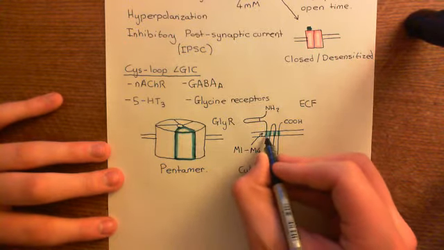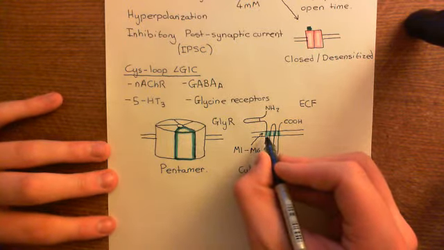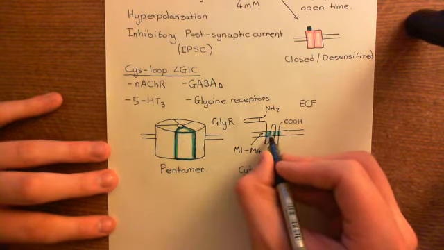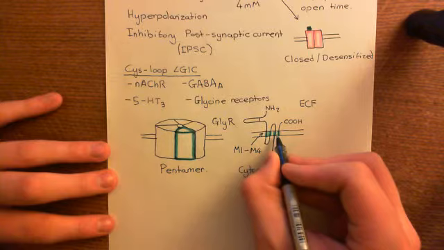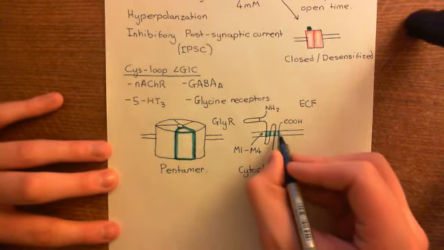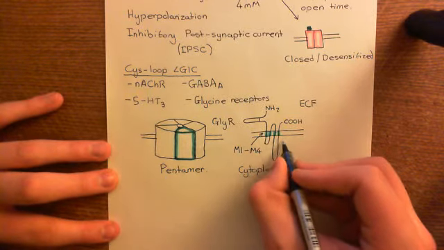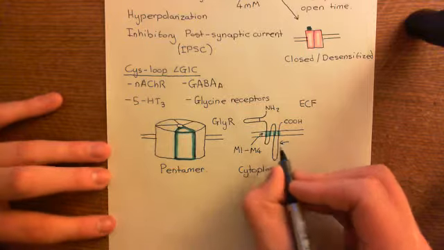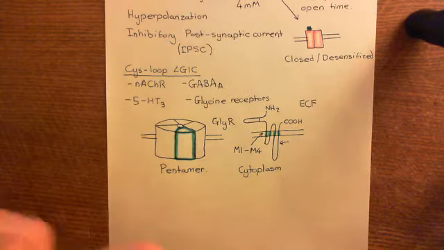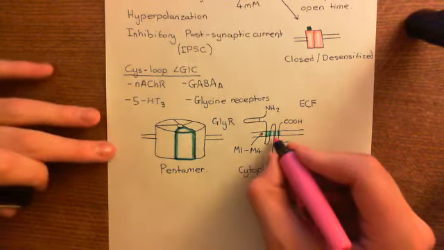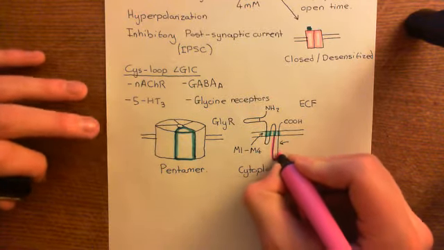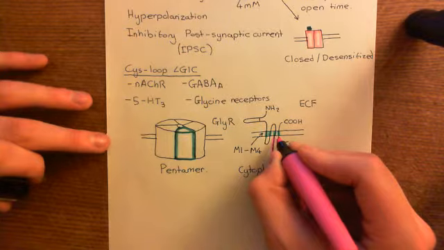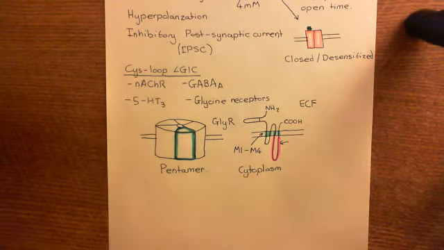The first is M1, followed by M2, then M3, and then you have a large loop before you get to M4. This large loop is the next portion I want to talk about. The M1 to M4 membrane spanning alpha helices make up the transmembrane region of our glycine receptor subunit.